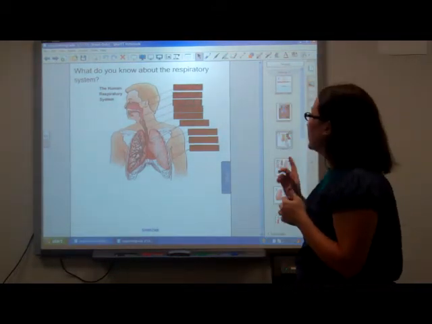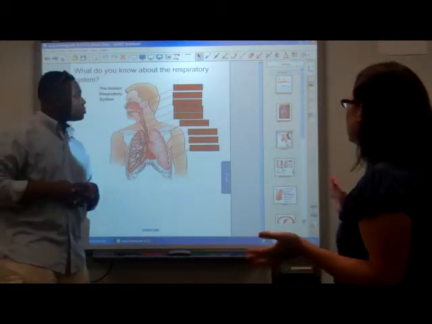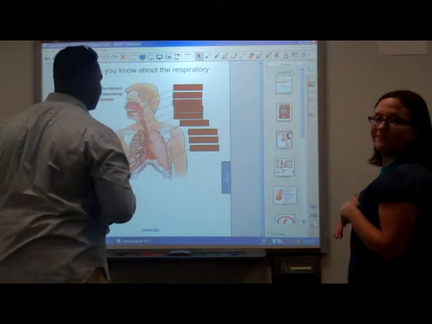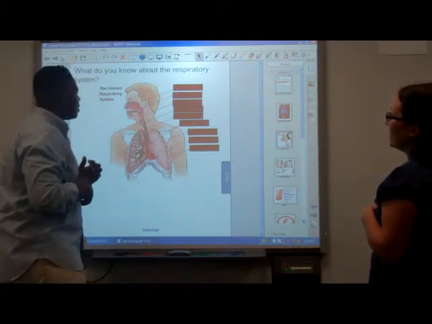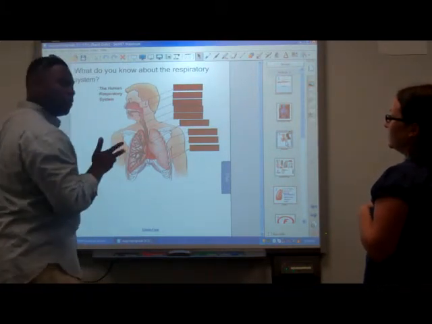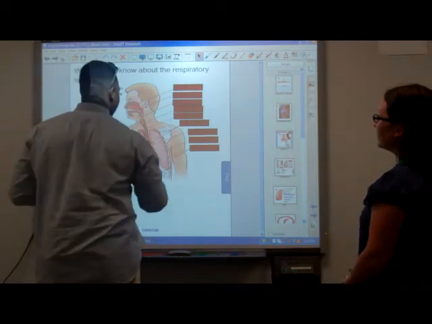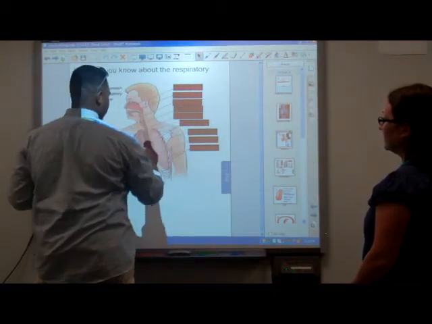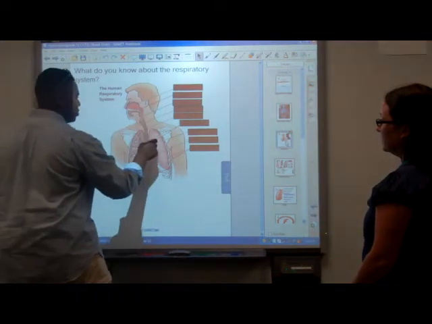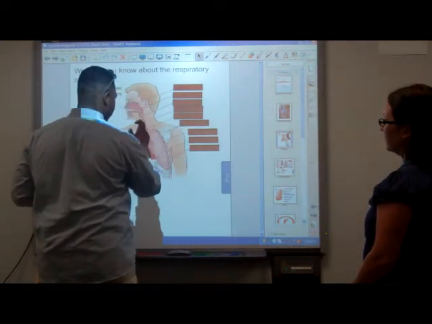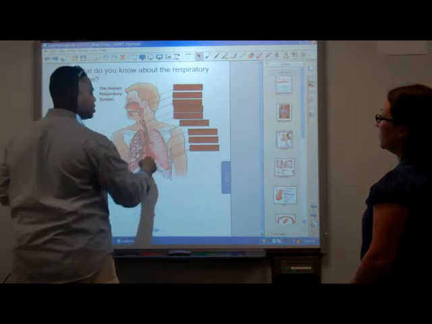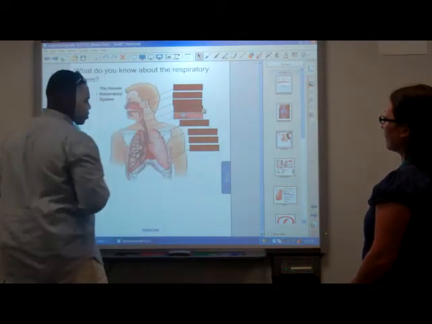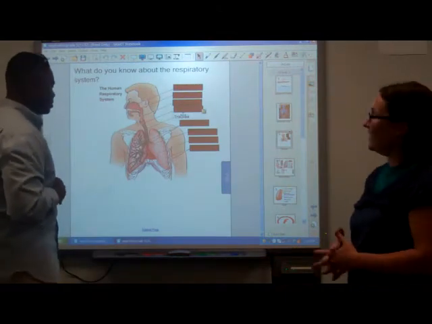Keelan, is there anything on the board that you recognize, or anything that you can name? And then we'll see if you're right. Well, I think I can name a few of them. Well, this one for sure I know is the trachea. Right here, the long tube coming down his throat. Not his throat, but from his neck to chest. Right. Trachea. Keelan, good job.